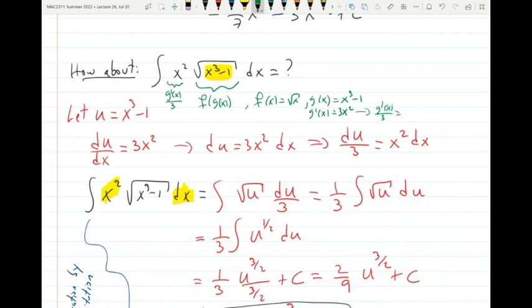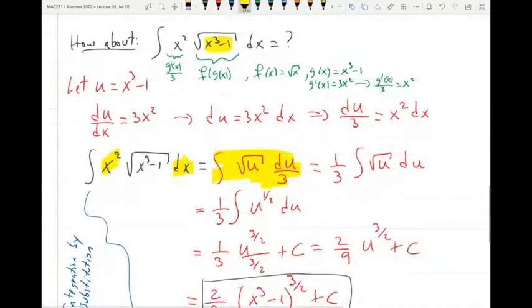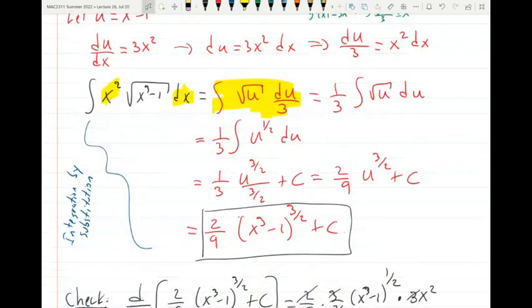G prime over 3 equals x squared. And therefore, that means that we can make the substitution work. As you can see in the example, our substitution is working nicely. Indeed, we got a simpler integral, this one here, and something that we know how to solve. We solve it, and then at the end, once we get a result, we put the original variable back. Okay?